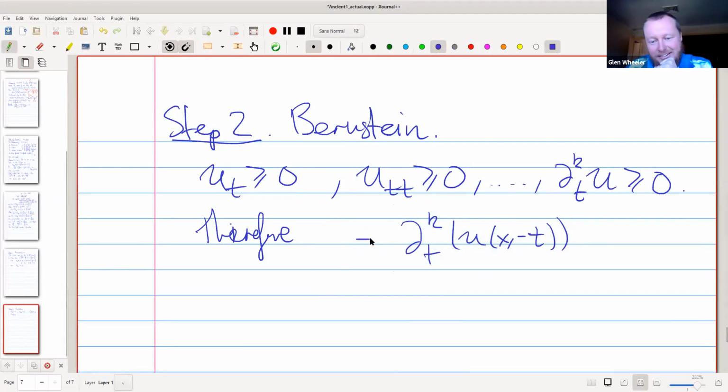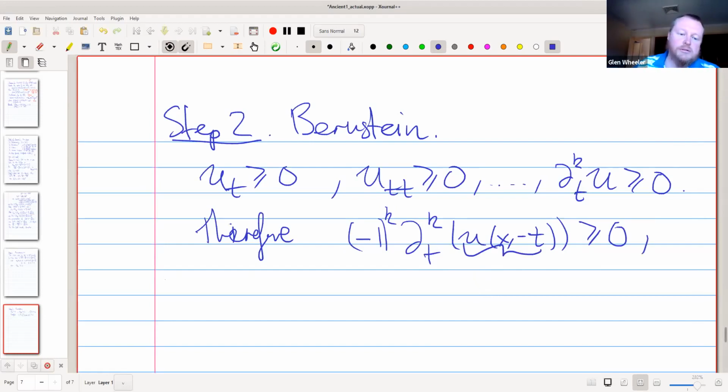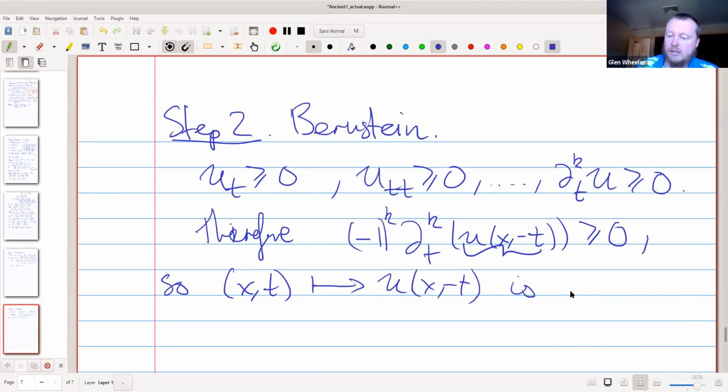Okay, thank you. Multiply this by minus 1 to the k. We're going to get that's greater than or equal to 0. And so what this means, this is the definition of this function inside here being completely monotone. Okay, so the mapping that goes from t to u of x and minus t is, that's just the definition, completely monotone for each fixed x, right?